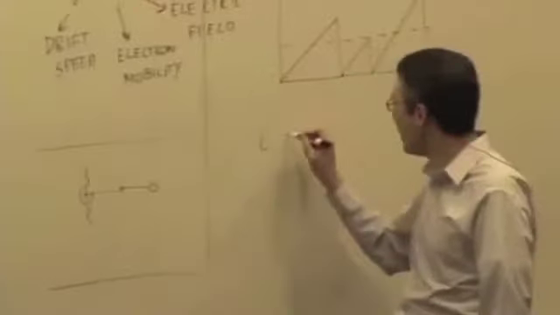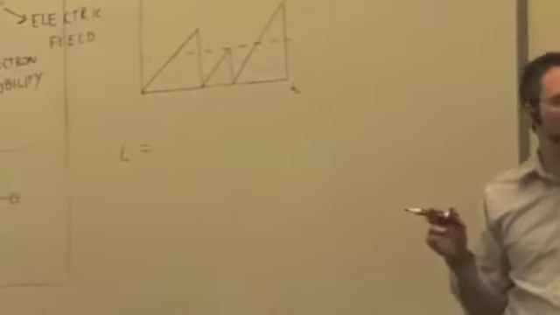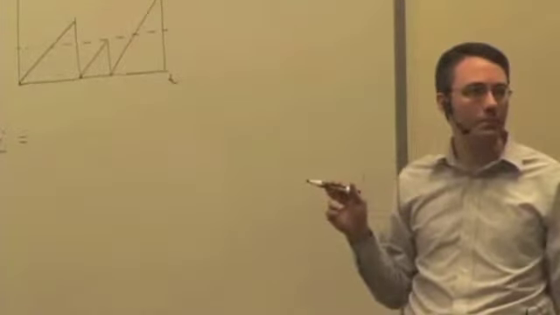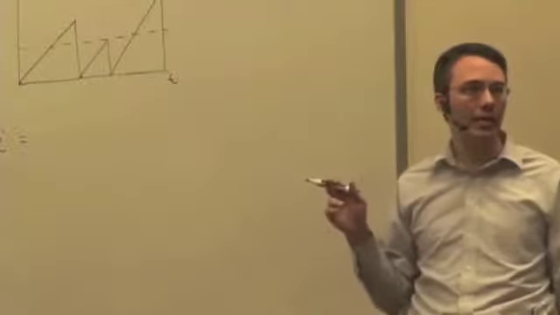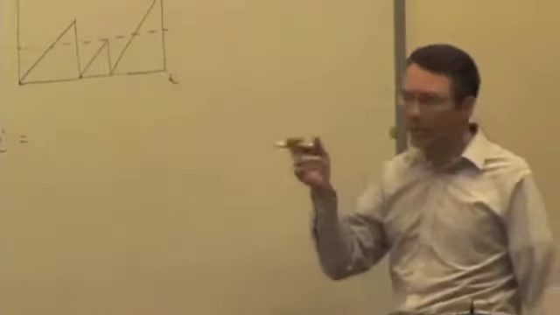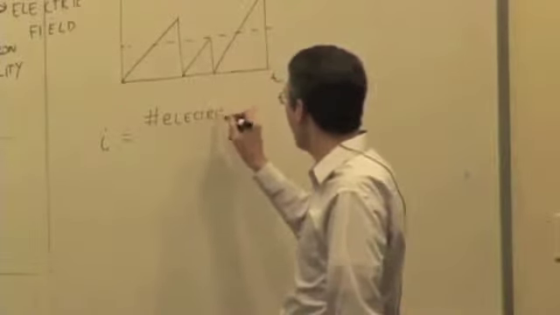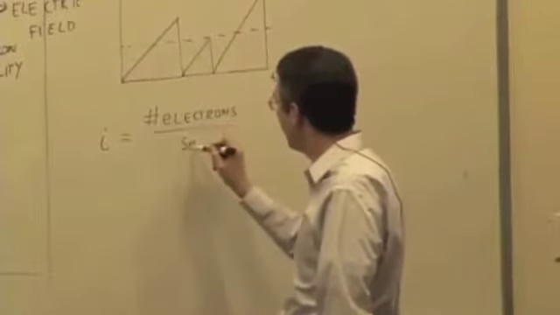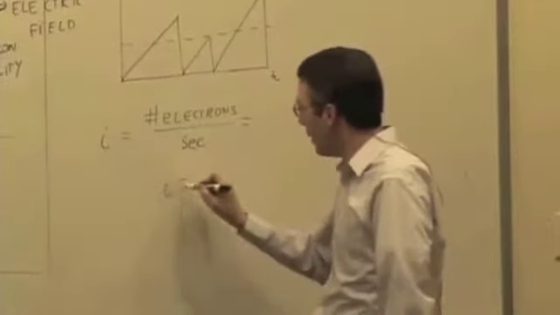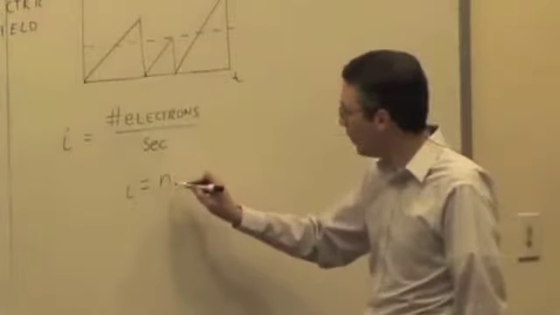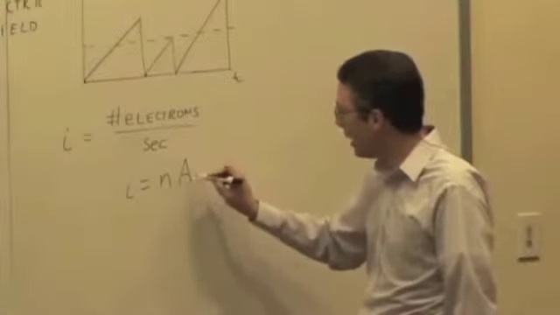Another thing we've seen is the electron current, little i. What's the electron current again? It's not coulombs per second, that's the conventional current. This is just the number of electrons per second. Little i is the number of electrons per second, and it can be related to the drift speed by the formula we worked out: i equals nAv.